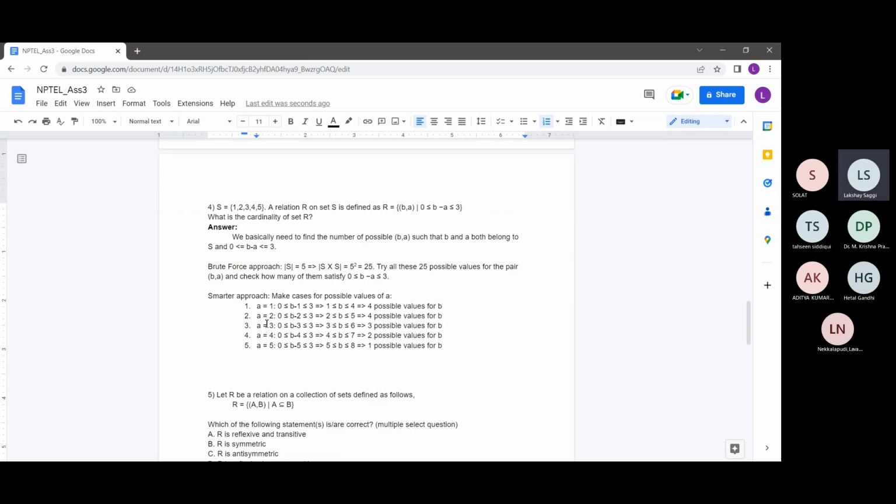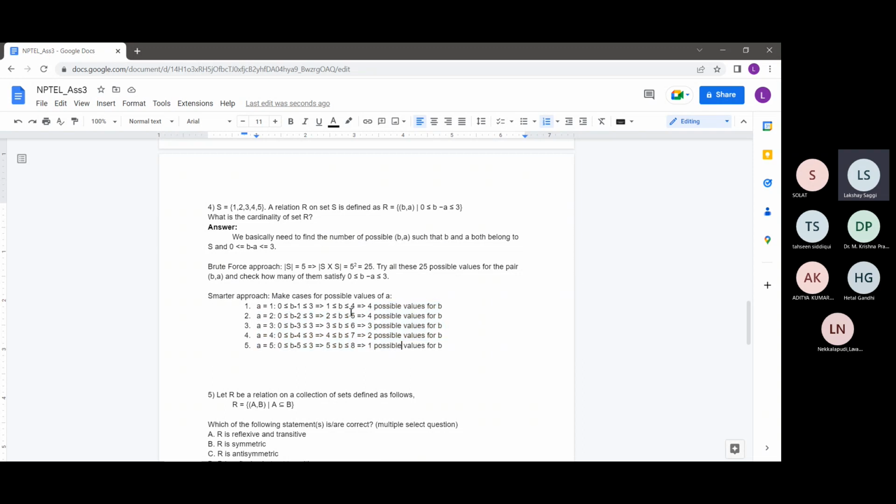Since A can take only these 5 values, 1, 2, 3, 4, 5, we have covered all possible cases for the values of A and found out which values of B are possible. In a brute force approach, you would need to try out all 25 possible pairs. Here we have just made these 5 cases for values of A and directly said how many values B can take.